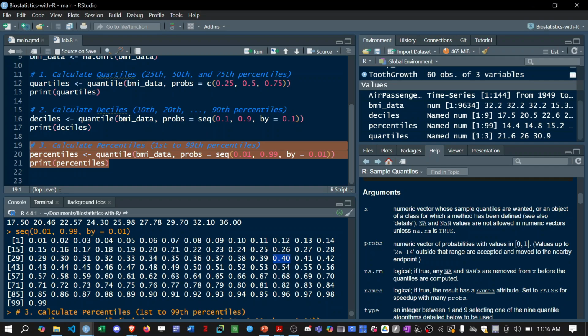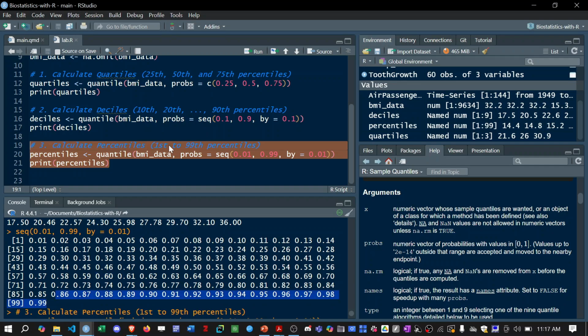I then picked values above 0.4, the 40th percentile, and those below 0.60, which is the 60th percentile, and categorized them as average. I then picked values above 0.60 as high. So this is what I did.